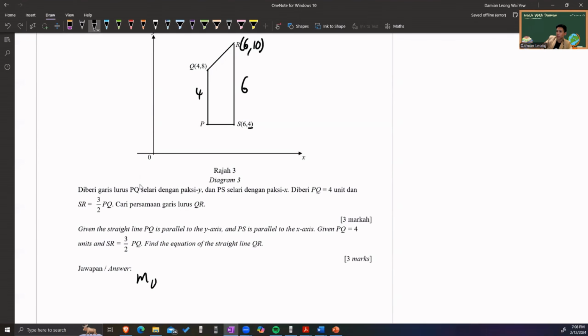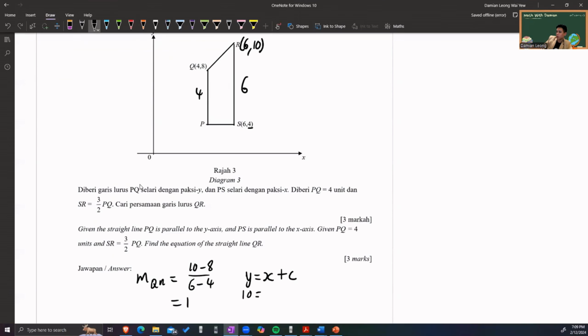First, we find the gradient of QR, y2 minus y1 over x2 minus x1, which is 1. So y equals mx plus c. M is 1, so just put 1. 1x means x. So I can substitute the coordinates of 4, 8 or 6, 10. Doesn't matter, both will give us the same value.